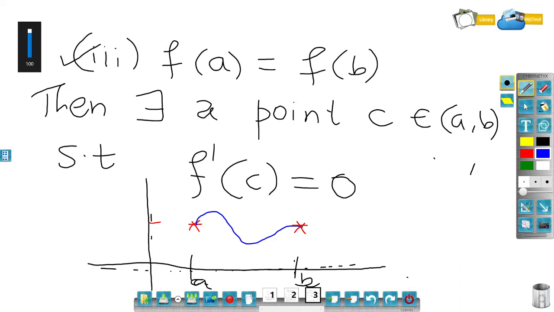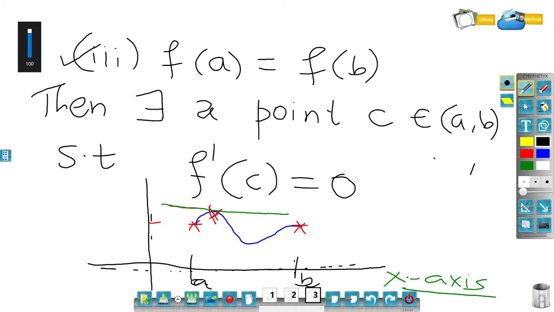Now what it says is that there must exist a point c. So let this be the point c such that if you draw a tangent at the point c, then that tangent is definitely parallel to the x-axis. Sometimes people ask the question, what is the geometrical interpretation of Rolle's theorem?